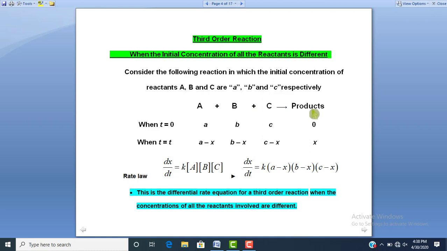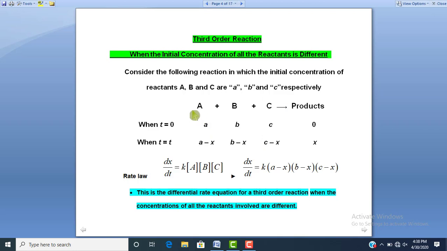But when some time t seconds has passed, then x moles of the products have been produced. Definitely this x moles of the product have been produced from reactants A, B and C.